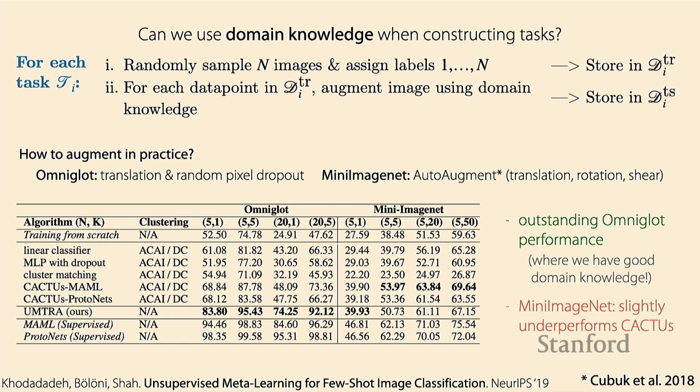We have a lot of domain knowledge about that. Whereas for mini ImageNet, it ends up doing somewhat similarly to the clustering approach that we talked about before, and in some cases slightly underperforms that approach. And that also makes sense. We have, I think, a little bit less domain knowledge about the kind of transformations that will affect natural images.